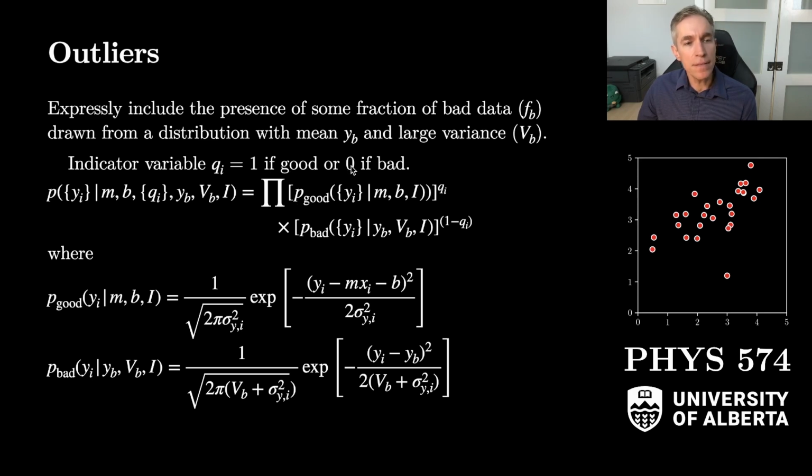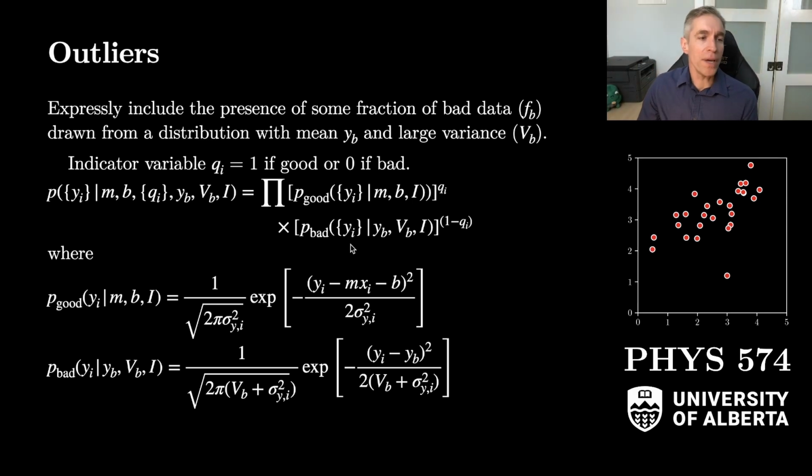And if it's 0, this term is some number to the 0 power, so that's just 1. And then this bad variable becomes 1 minus 0 and it turns on. So this indicator variable is a nice way of indicating whether it's good or bad. And then mathematically, using it as the exponent in this product allows us to figure out whether it belongs to the good data or the bad data.